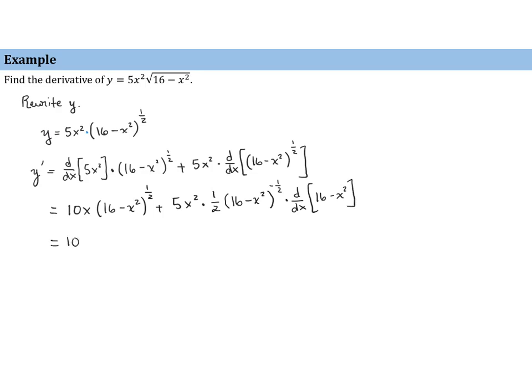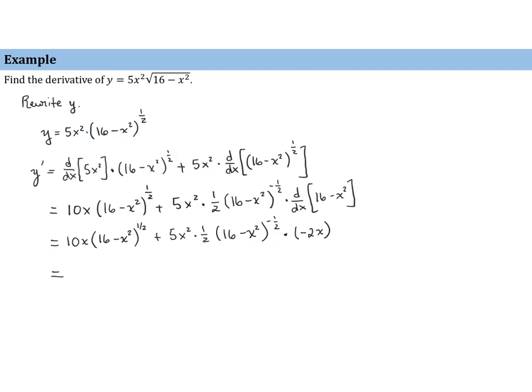So we have 10x times (16 minus x squared) to the 1/2 power plus 5x squared times 1/2 times (16 minus x squared) to the negative 1/2 power times, and the derivative that we find here of 16 minus x squared, it will be negative 2x.